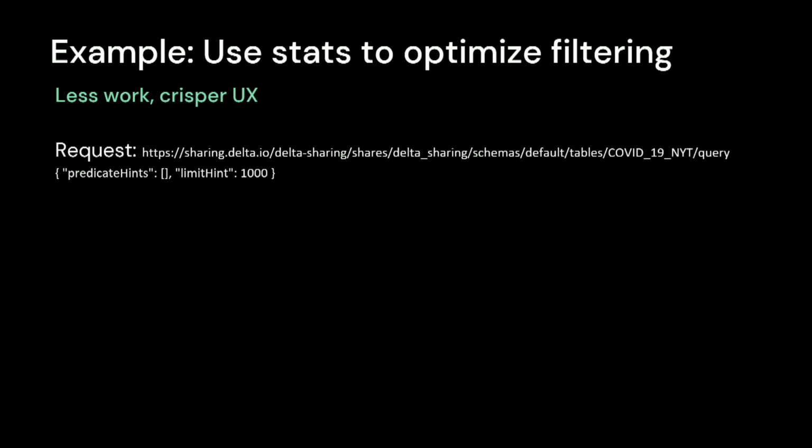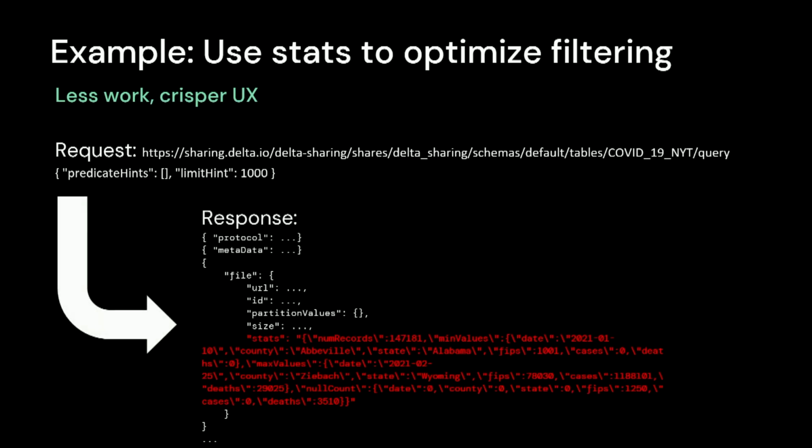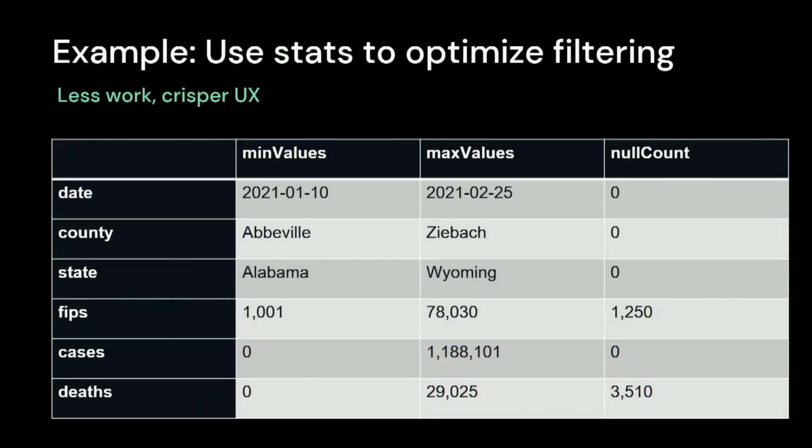Here's a query, a straightforward query with the stats populated. Almost illegible. I'm not going to ask you to look at that, so here's a little table that summarizes that. For each column, I present the min, max values and the null count. Based only on this, if you had, for instance, somebody who said, I'm interested in a date of like January 15th, 2021, well, you know it falls in the range.